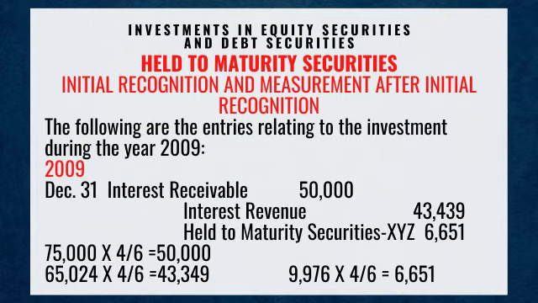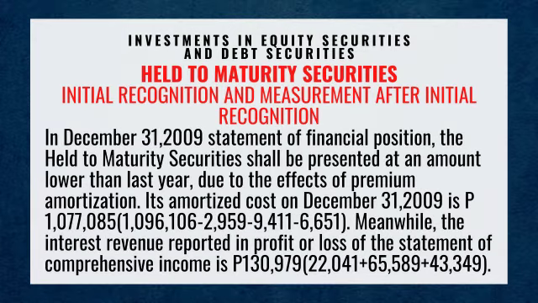December 31st, debit interest receivable 50,000 pesos, credit interest revenue 43,349 pesos, credit held to maturity securities XYZ 6,651 pesos. 75,000 pesos times 4 divided by 6 is equal to 50,000 pesos. 65,024 times 4 divided by 6 is equal to 43,349 pesos. 9,976 times 4 divided by 6 is equal to 6,651 pesos.